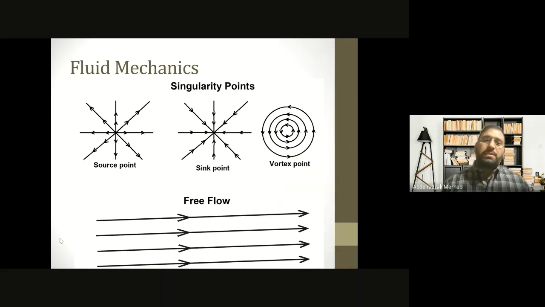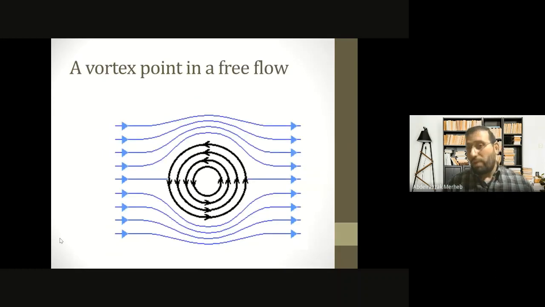In fluid mechanics, they model flows using source points, which produce flow in all directions, sink points, which suck the flow from the environment, and vortex points, which have curling flow, and we have also the free flow. So what if we put a vortex point in a free flow? Actually, it will avoid it.